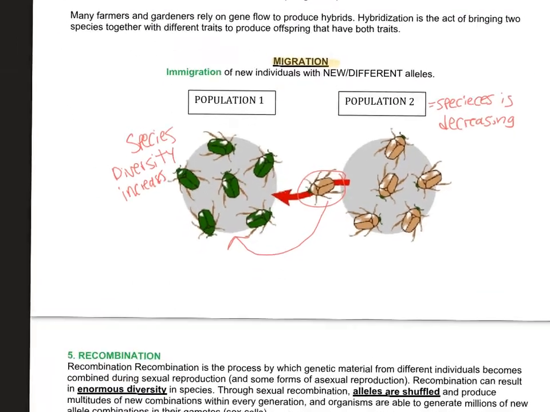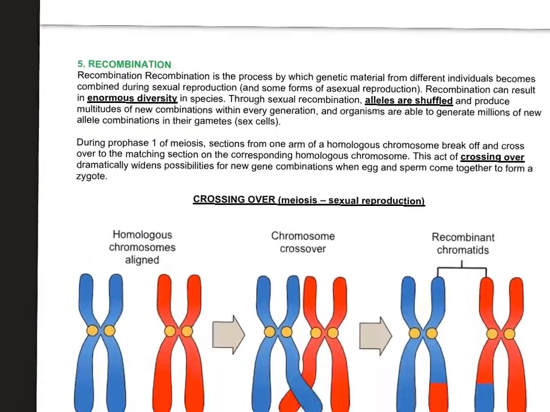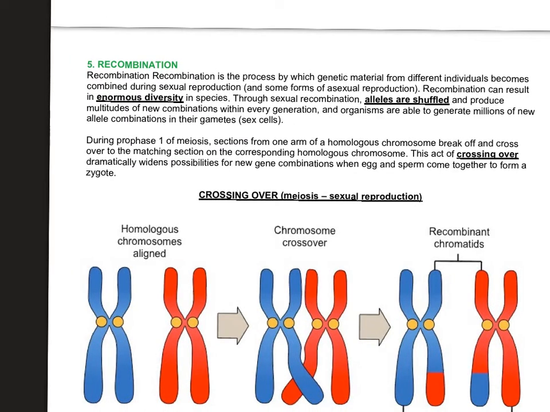Okay, the last one we're going to talk about today is recombination. Recombination is a process by which genetic material from different individuals becomes combined during sexual reproduction.